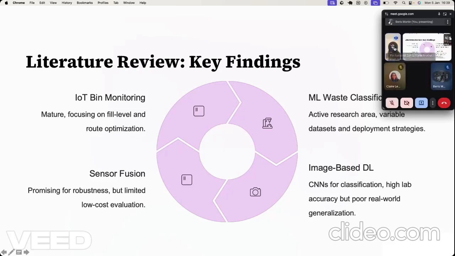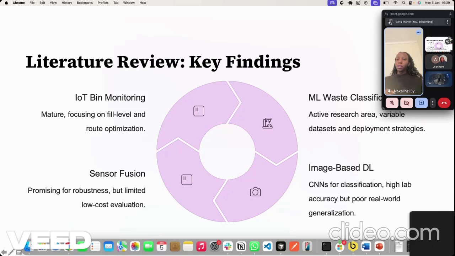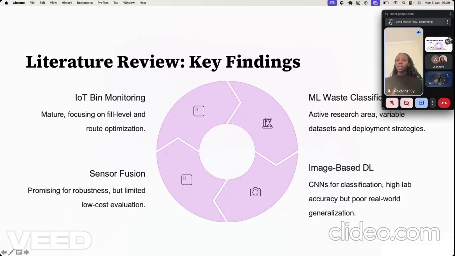Hello, my name is Sylvia and I'm going to take you through the literature review. In our key findings, we have four main key findings. First, IoT bin monitoring, which is mature and focuses on the fill level of the rubbish and trash, and also route optimization. Then sensor fusion, which is promising for robustness but has limited low cost evaluation by the sensors.